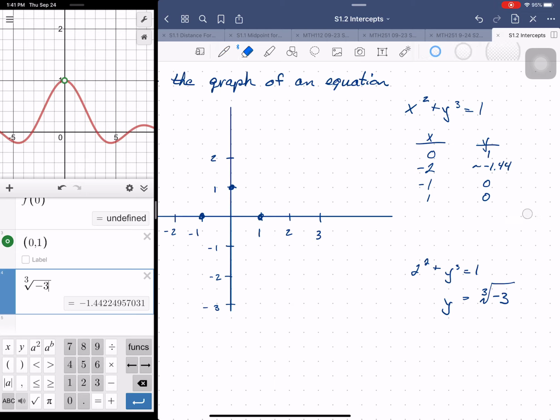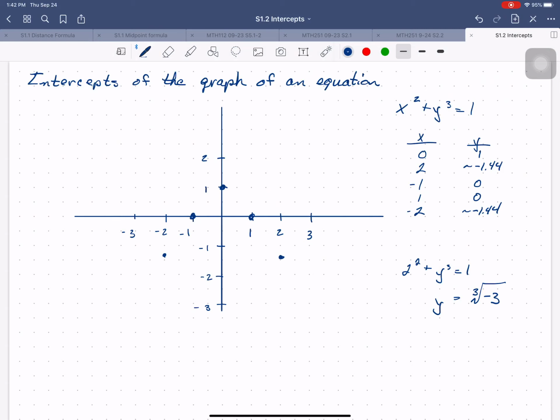And that same value applies if x is, let's see, that was for positive 2. The same thing happens if x is negative 2. So we're going to put this guy here, this guy here, and we could figure out a couple more values.